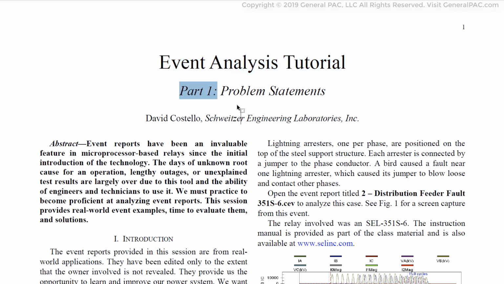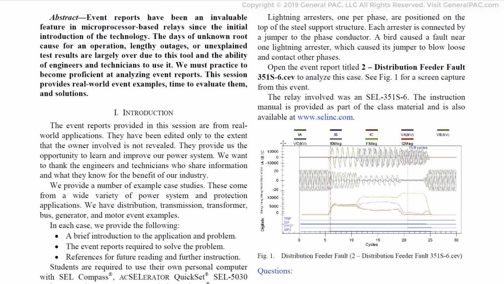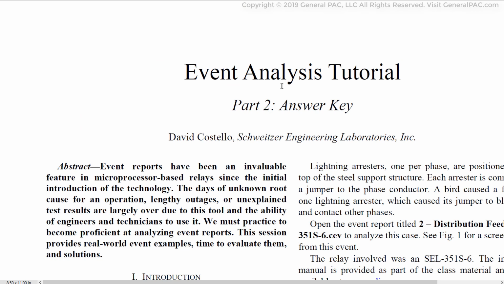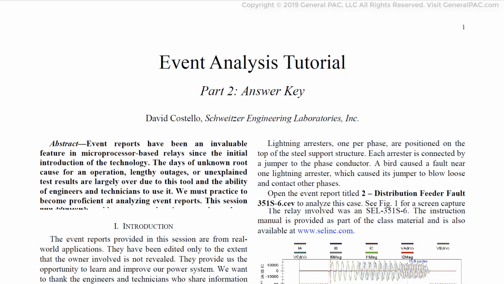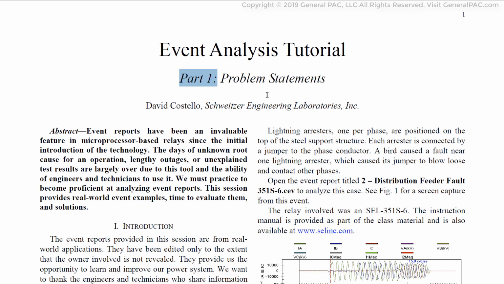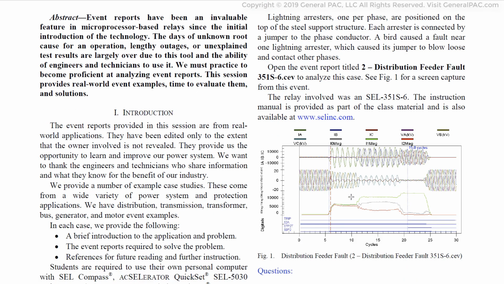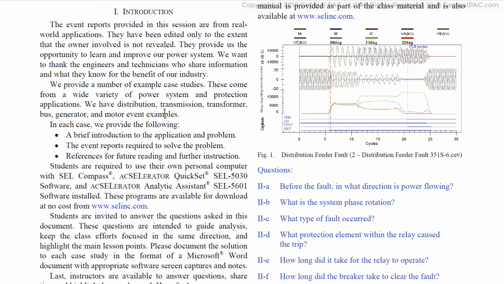Part 1 lays out the problem statements, which has several examples of fault analysis, and part 2 essentially gives us the key. So we're going to be going over both parts, and they are publicly downloadable. You can just search for Event Analysis Tutorial and then search for this author, and you should be able to get this PDF.